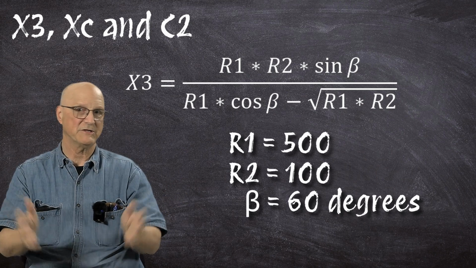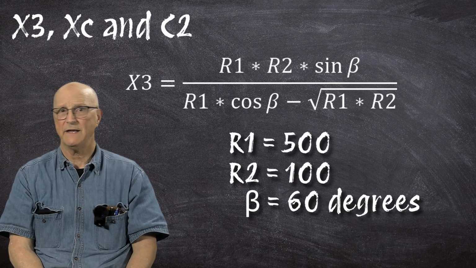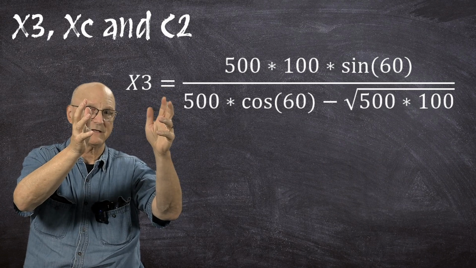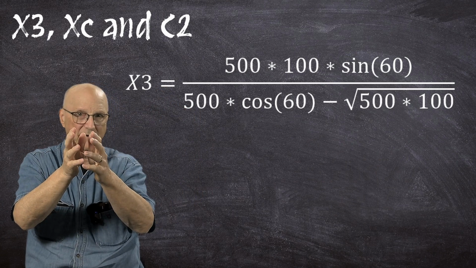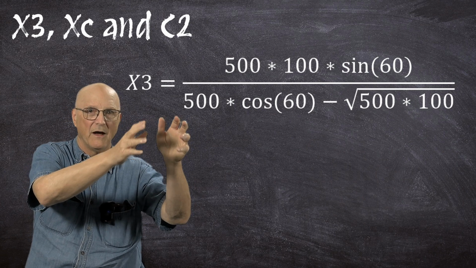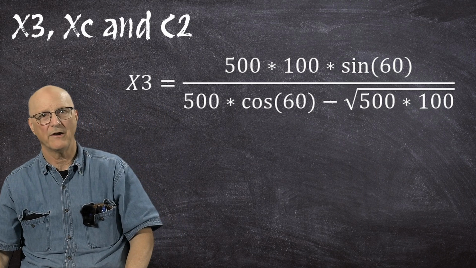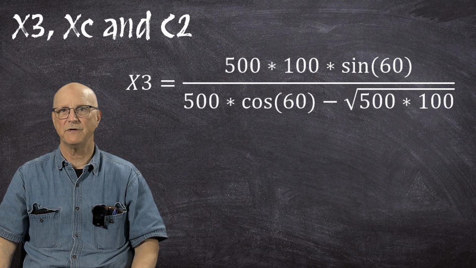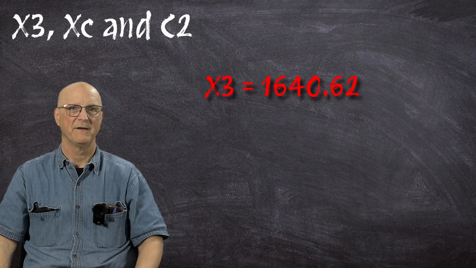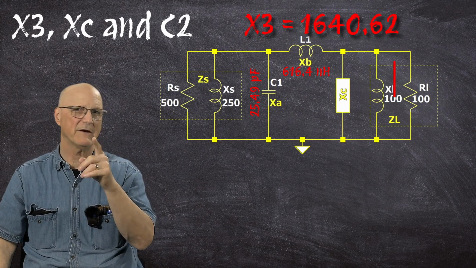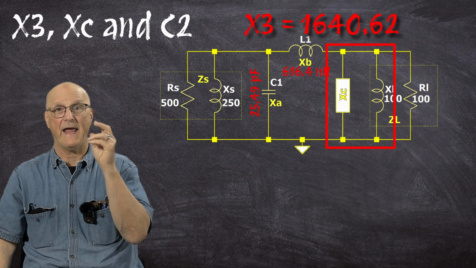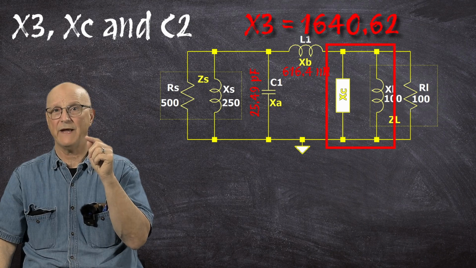Putting all these values into our equation for X3, we get that X3 is equal to 500 times 100 times the sine of 60 divided by 500 times the cosine of 60 minus the square root of the quantity 500 times 100, which gives us a value of X3 of 1,640.62. But this is the parallel combination of XC, our output component, and the load's parallel equivalent reactance.